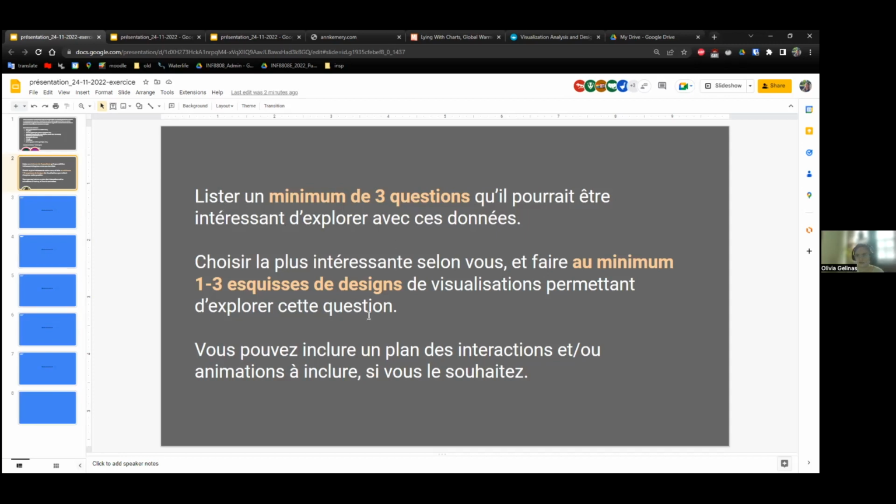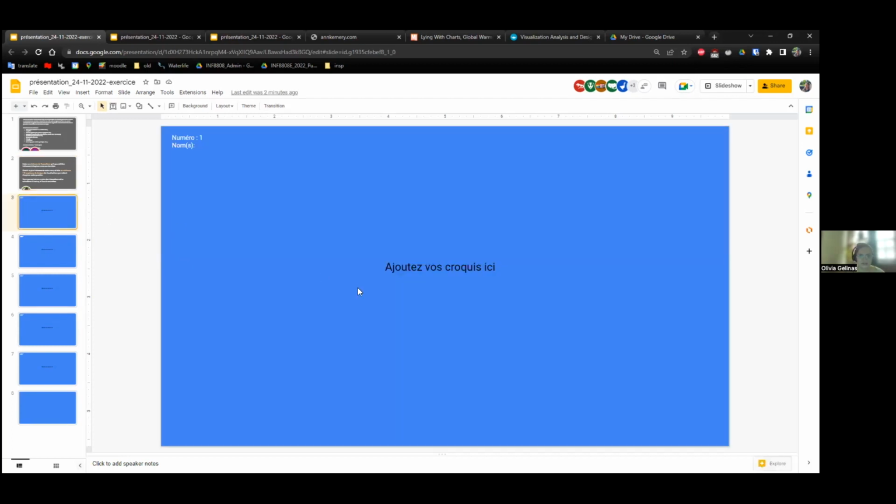That would be the reflection that we have to make for the exercise. I would recommend doing it with paper and pencil, or other tools like Canva or Figma, whatever you feel more comfortable with. I think the simplest is pen and paper.